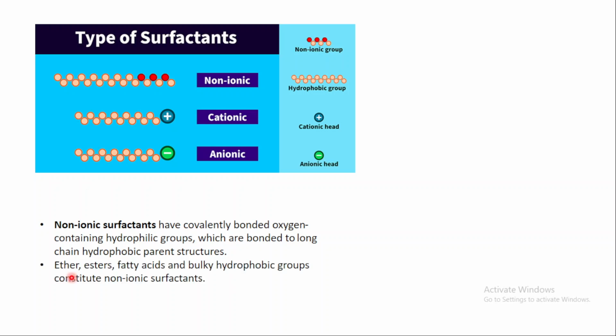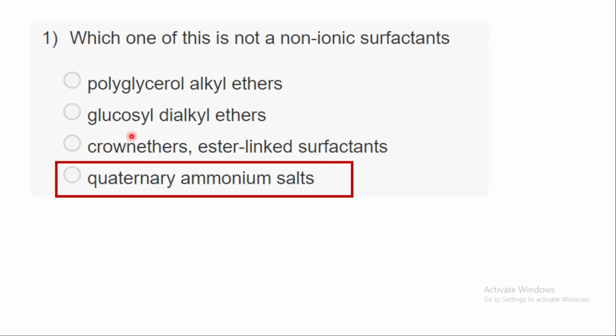Thus, these long chain fatty acids can consist of ethers, esters, and bulky hydrophobic groups that constitute the non-ionic surfactants. If we look back at our question, out of these, polyglycerol alkyl ethers, glucosyl dialkyl ethers, crown ethers, and ester linked surfactants all have these bulky hydrophobic groups. So these all fall under the category of non-ionic surfactants.